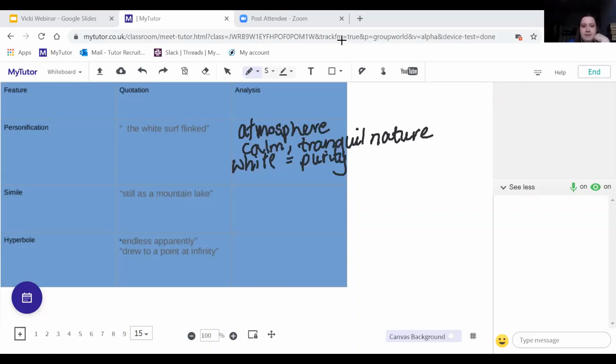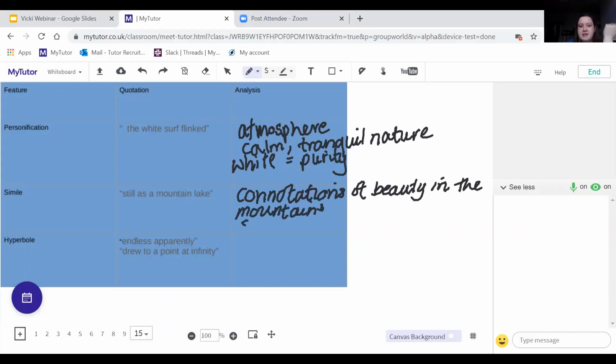Yeah, lovely. I would also say there's a sense of stillness in terms of wind and breeze. There is none, so it's very stagnant.